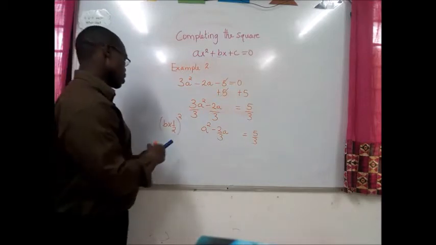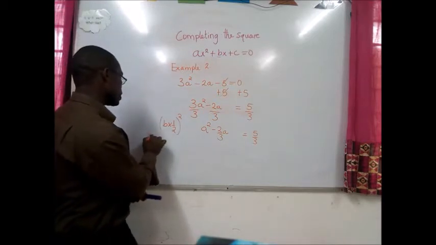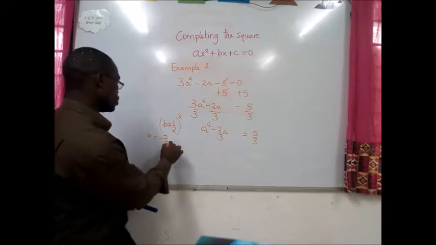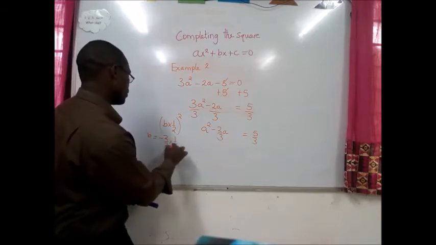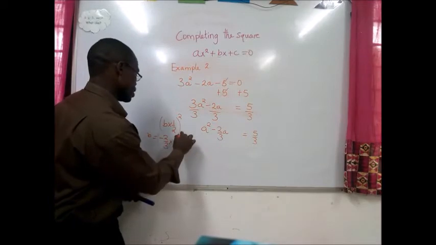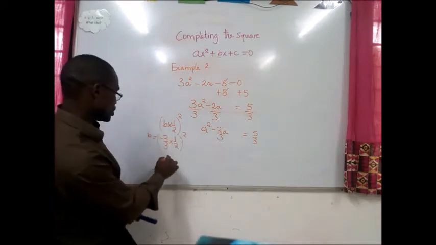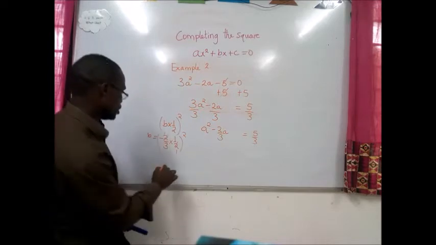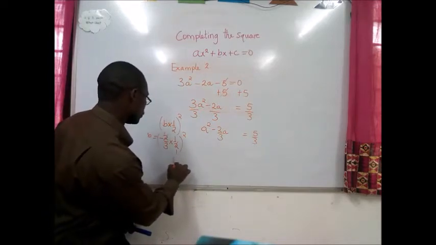So our b here is equal to negative 2 over 3. So if we multiply by half and then we square it, if we cancel 1, we are going to get 1 over 3.